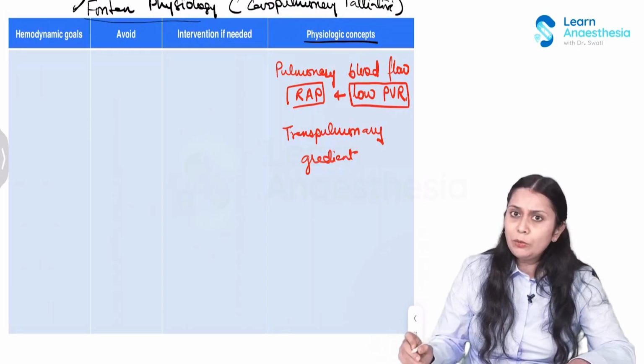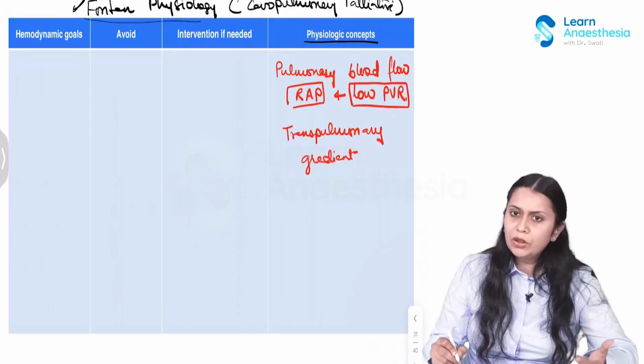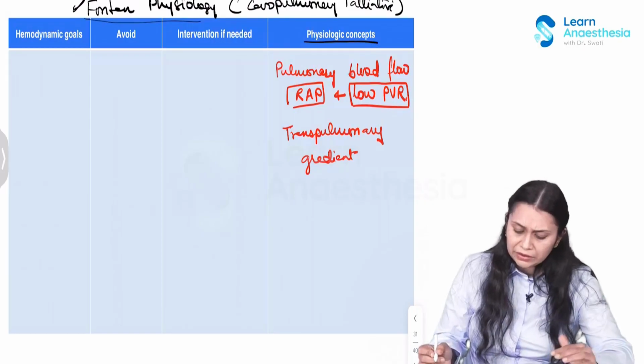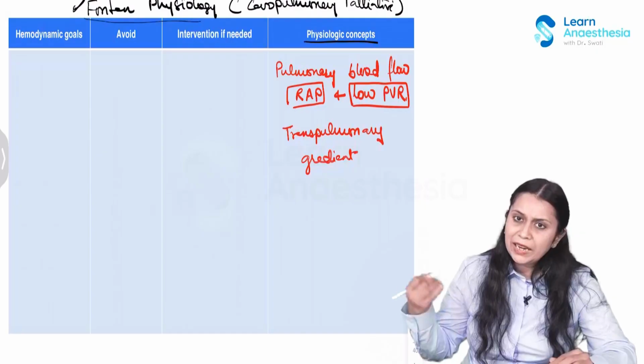Then we need to maintain the myocardial contractility in these patients, right? Because in single ventricle, if myocardial contractility is decreased, what will happen? Performance will decrease and this will increase the atrial pressure.